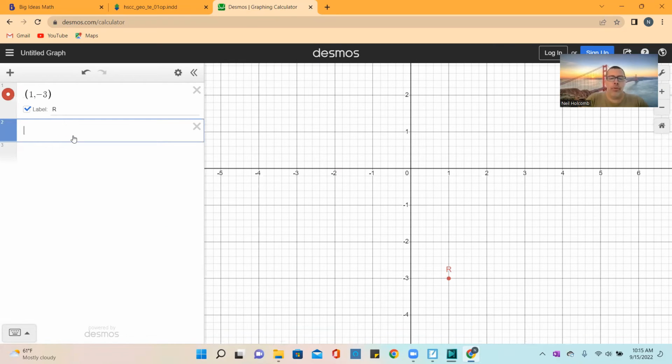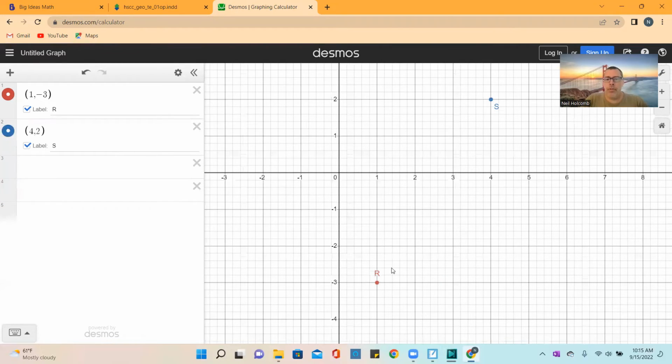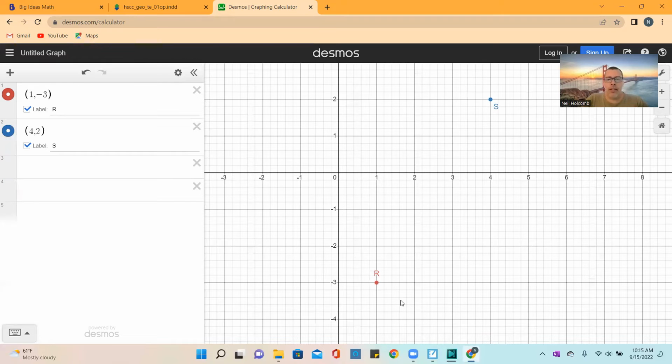So I'm going to do 4, comma, 2, label it S. Here's R, here's S. I could actually connect those and there'd be a line going through them. I don't know if I can do a segment on here, but I can figure out what the line is there, and then we can find the midpoint of the segment.